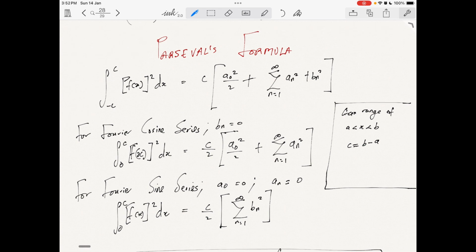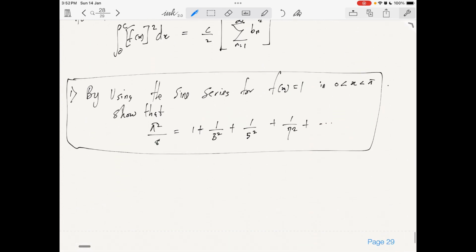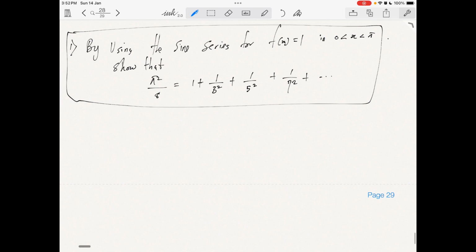So in this video, we'll solve a simple question on Parseval's, using Parseval's formula to deduce a function. So the question says, by using the sine series for f of x equals 1 and 0 less than x less than pi, show that pi squared over 8 is equal to 1 plus 1 over 3 squared plus 1 over 5 squared plus 1 over 7 squared, and it continues.